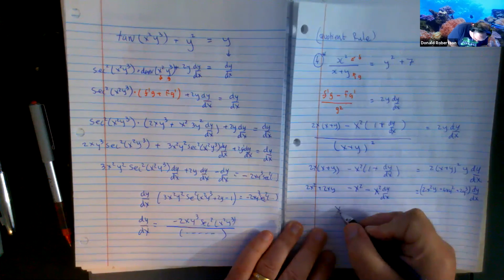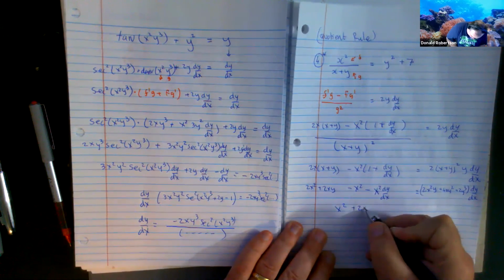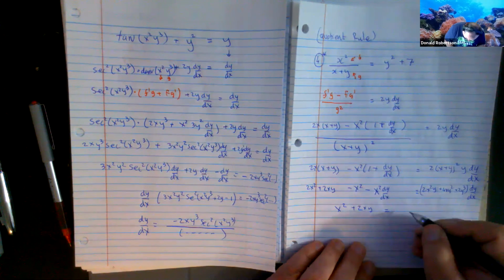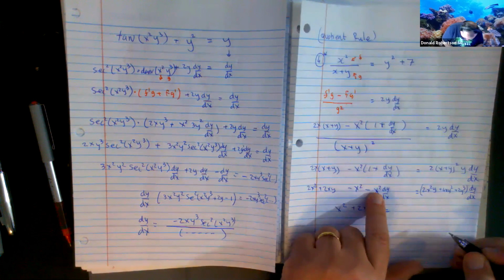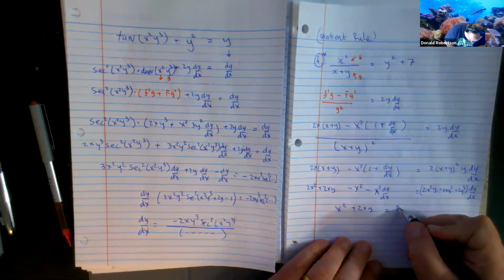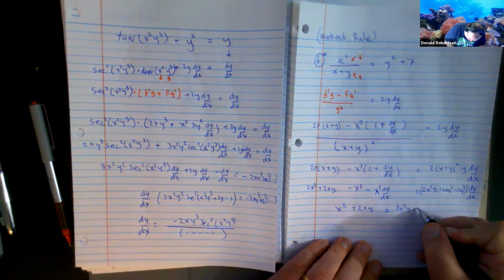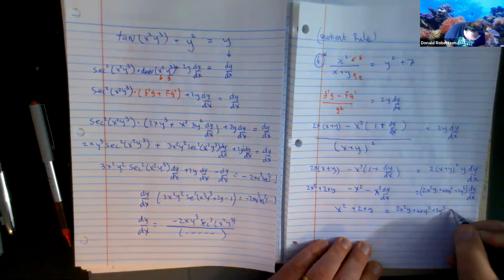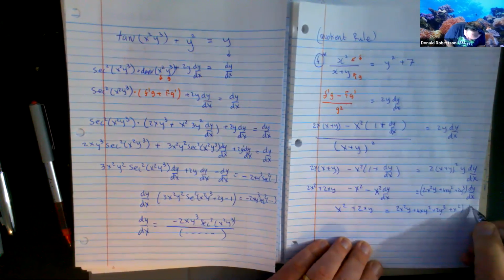So I now have x squared plus 2xy, and it's going to equal all of this guy plus that guy. So what's that? 2x squared y plus 4xy squared plus 2y cubed plus an x squared dy by dx.